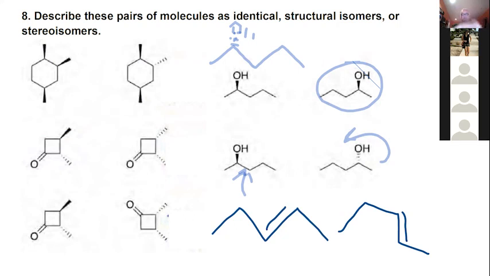I can sit those on top of each other. All right, we'll do some more work on these. We just got introduced to this tonight, so it'll take some time.